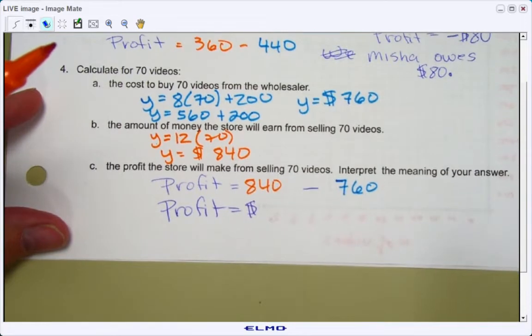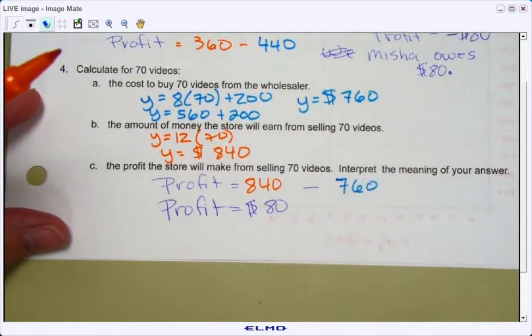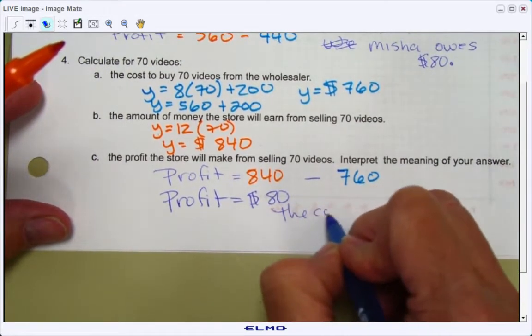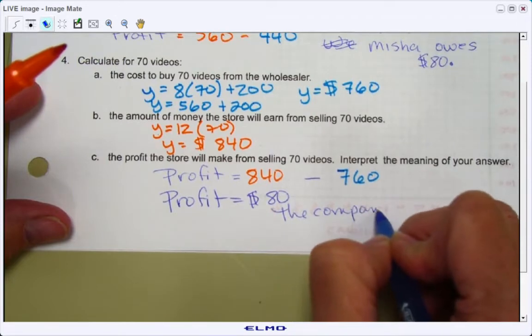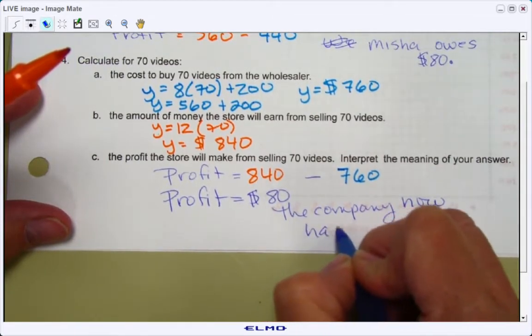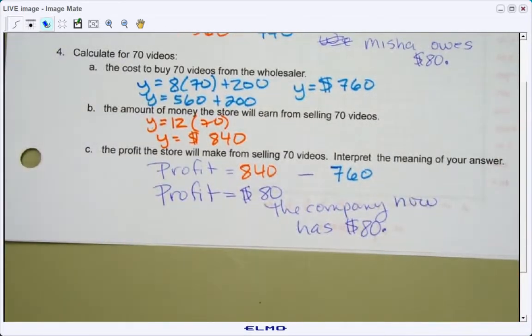So it's going to be a positive number. So if I subtract that, I'm going to get a positive $80. The company, really not Misha, but the company now has $80.